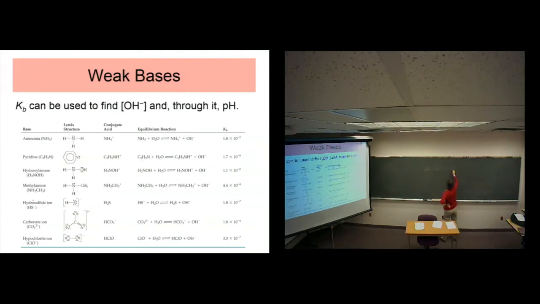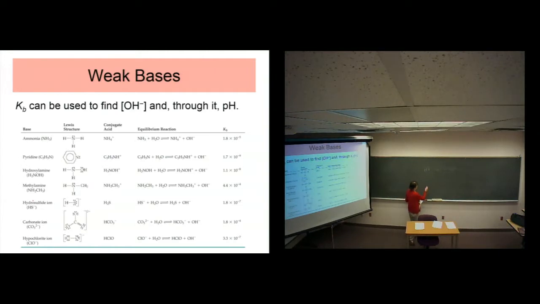Now let's talk about a base. What's the Bronsted-Lowry base definition? It accepts a proton. Remember, a base has to accept a proton from something, so in these cases we accept it from water.